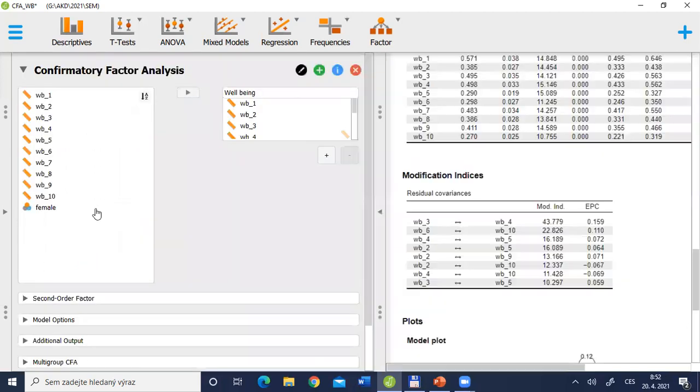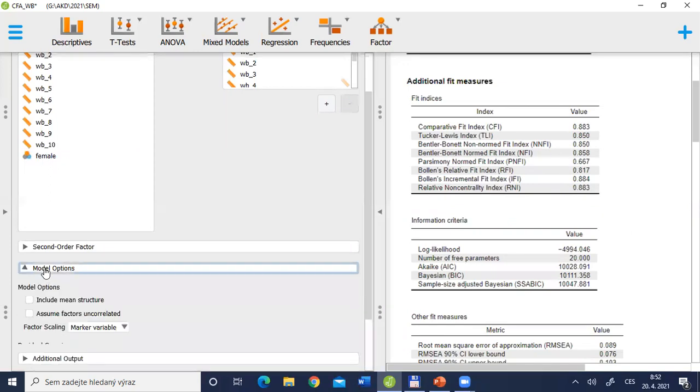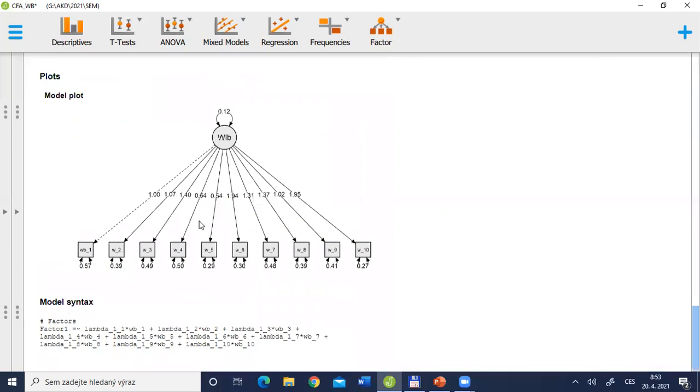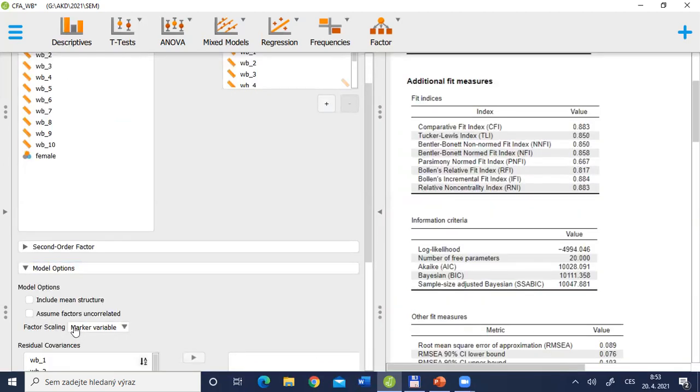This setting was prepared here. If I go to these model options, we ask here for factor scaling: marker variable. Marker variable means that the factor loading of the first observed variable to the latent variable will be fixed at 1. So this is the style of so-called marker variable factor scaling.